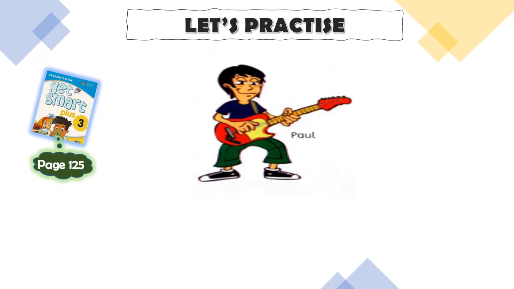So let's ask questions about Paul. Is Paul skateboarding? We use is because Paul is singular. Then how do we reply to these questions? We replace Paul with personal pronouns, so he or she. He.